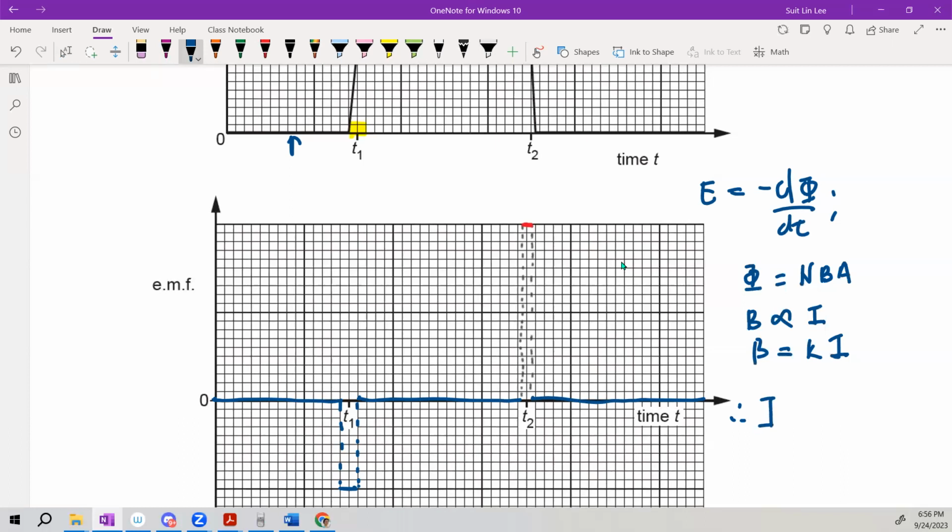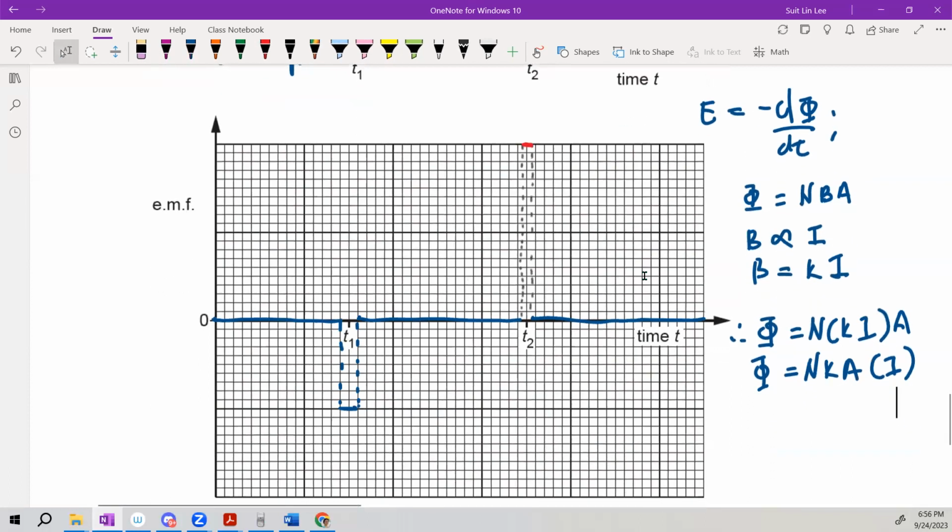So hence, flux will be N kI times A. But then N is constant, k is constant, A is constant, only thing left is I. Which means if I want to do the flux over dt, the only thing that changes is current. So still looking at the gradient of the I-t graph.